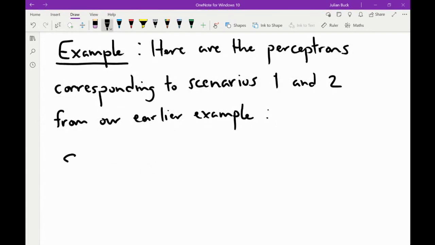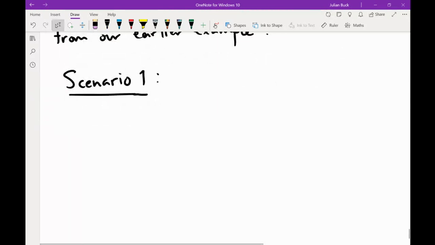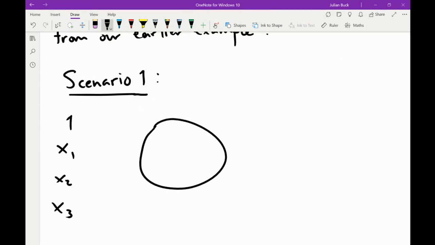Scenario 1 looks as follows. Our inputs are 1 for the bias, x1, x2, and x3. The bias was, now it's going to be -5, so essentially we're just changing the signs around. And then the weights for scenario 1 were 7, 2, and 2.